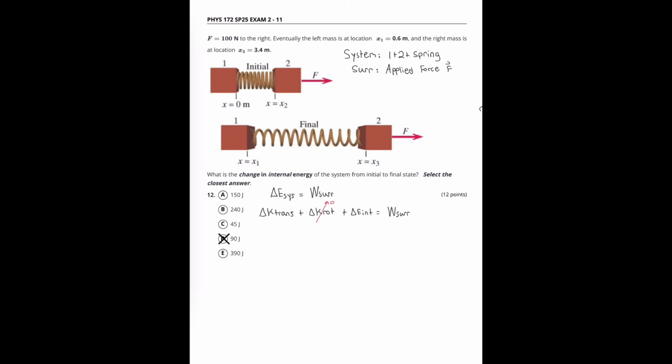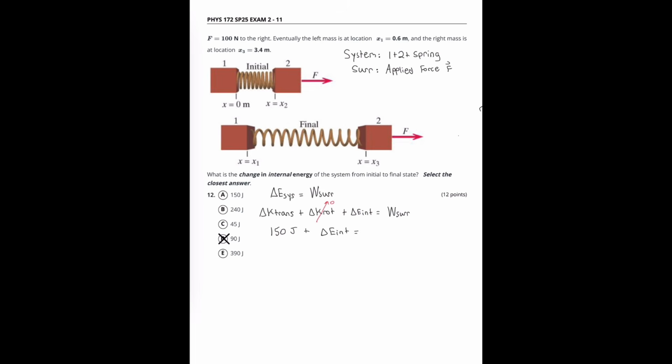So our translational energy, which we calculated in the previous question, is 150 joules plus our change in internal energy, which we're solving for in this question, is equal to our work done by our surroundings.